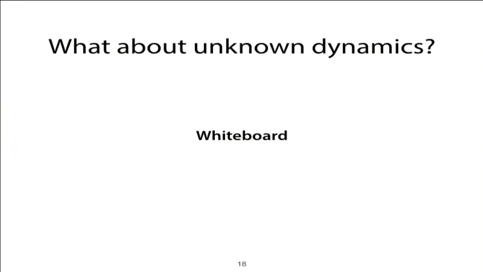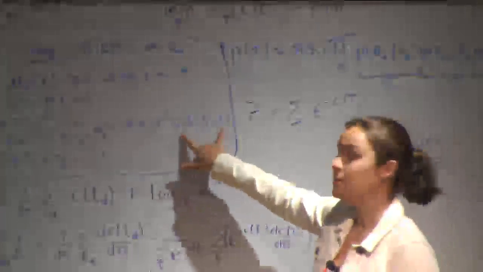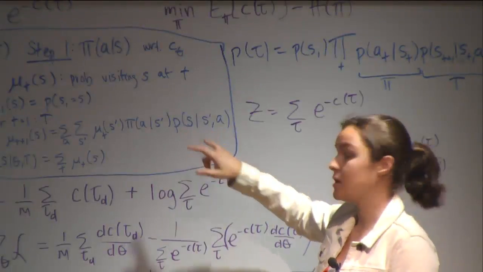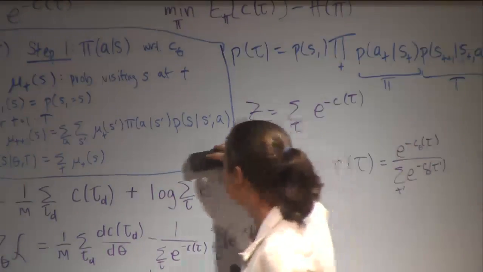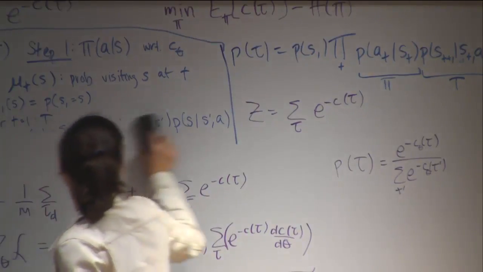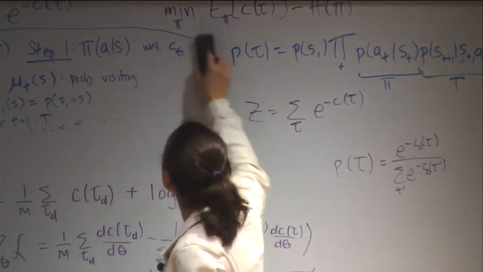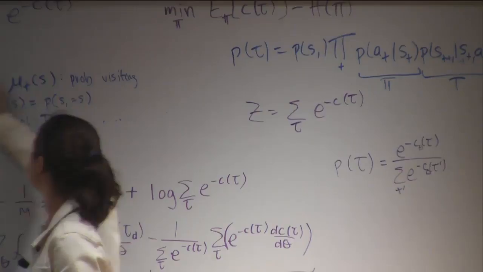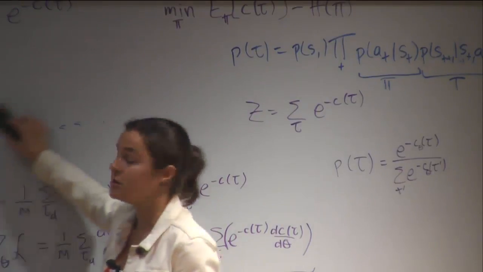When we have continuous states and actions and when we have unknown dynamics, we can't do that because we don't know P of S prime given S, A. And so we're not going to try to compute it exactly, and instead we're going to try to approximately estimate our partition function using samples.